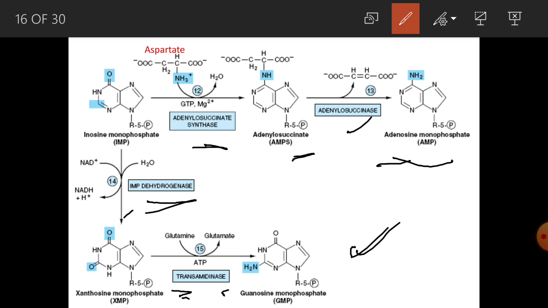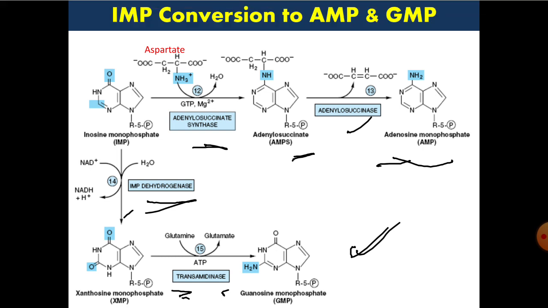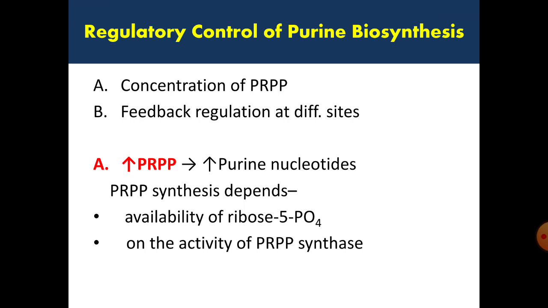How is it controlled? If it goes unchecked, we land in excessive nucleic acid synthesis, and that will lead to excess catabolism and uric acid may increase. So, one thing is concentration of PRPP and feedback regulation at different sites, they will control the purine biosynthesis.